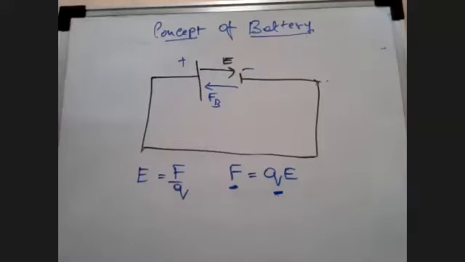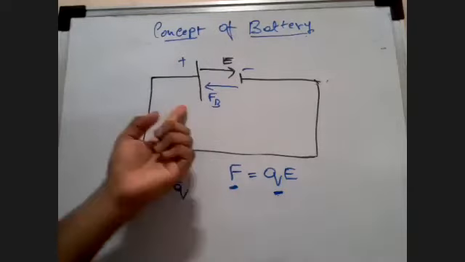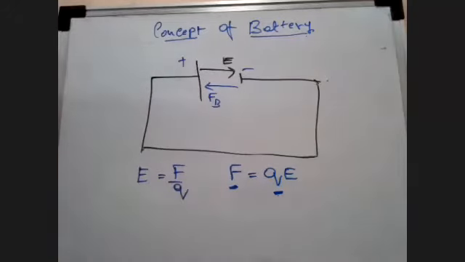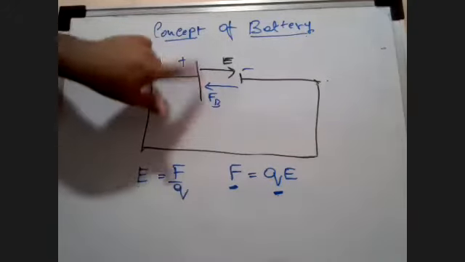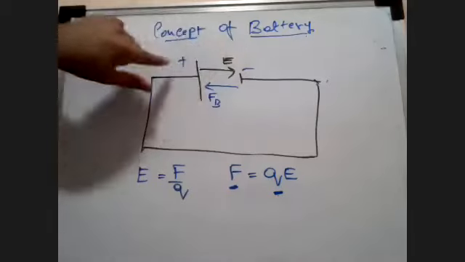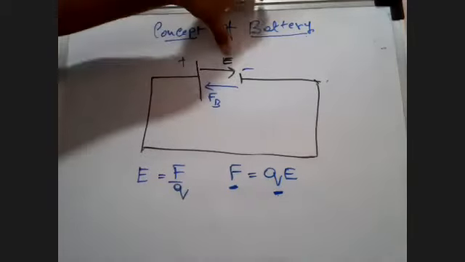Yes, sir. And if this force is reducing, then of course the force is reducing. But another point is, if the charges are reducing on these plates, what else is going to reduce? Will E reduce or will FB reduce? I'm saying the charge is reducing. Charge produces the electric field. Charge reduces. What reduces then?